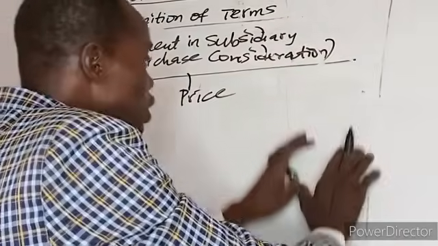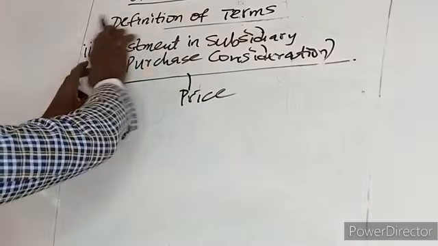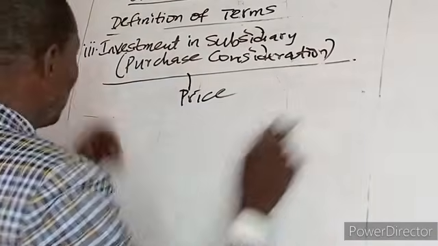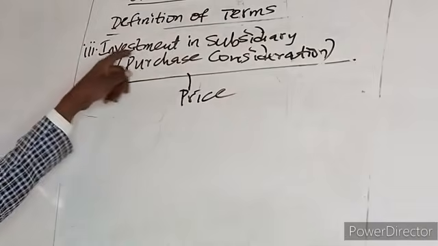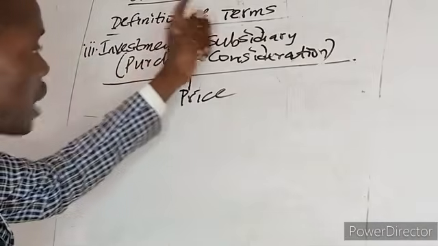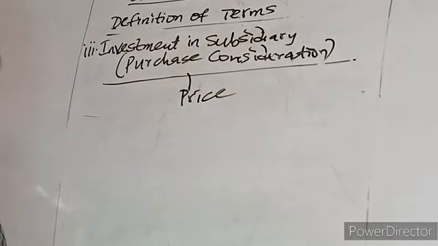The price paid to the shareholders of the subsidiary in order to acquire the shares of the subsidiary. That is the purchase consideration, which will be shown as investment in subsidiary in the parent company's separate financial statement.